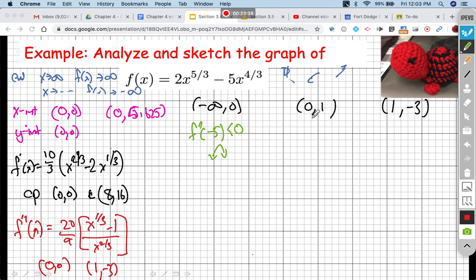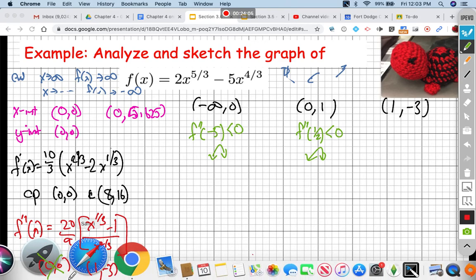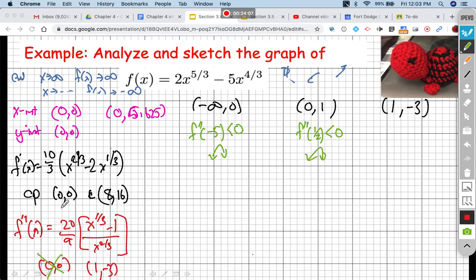Between 0 and 1, if we plug in 1/2, again we're positive here, but 1/2 to the 1/3 power is going to be less than 1, so this is still negative. You notice both of these are concave down. Concavity doesn't change, so that's not an inflection point, which makes sense because it's a critical point.